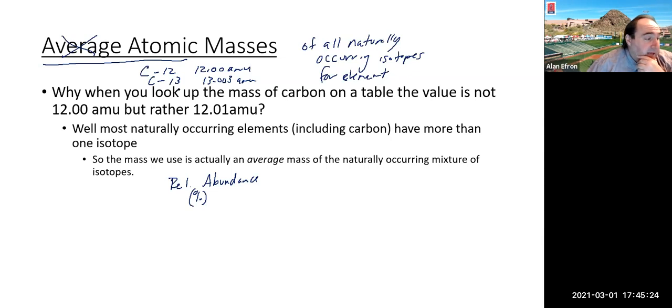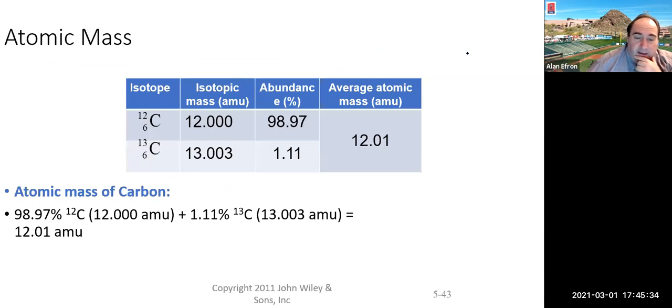Obviously, if they're all the naturally occurring isotopes, they should add up to a relative abundance of 100%, right? And that's how we get all those values. So let's take a look specifically at carbon. There's a formula that we can follow to calculate the atomic mass.